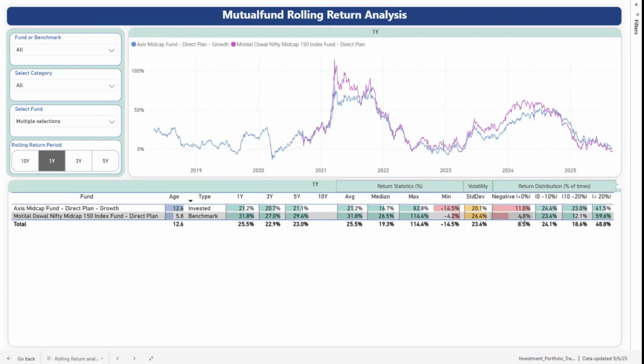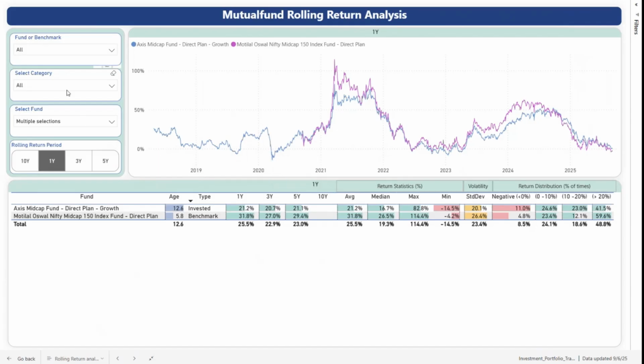Motilal Midcap 150 gave a negative return only 4.8 percentage of the time, and 60 percentage of the time it gave greater than 20 percentage return, because this started only in 2019 onwards, whereas Axis started way before. So this negative 11 percentage accounts for the 2020 fall for Axis Midcap also.